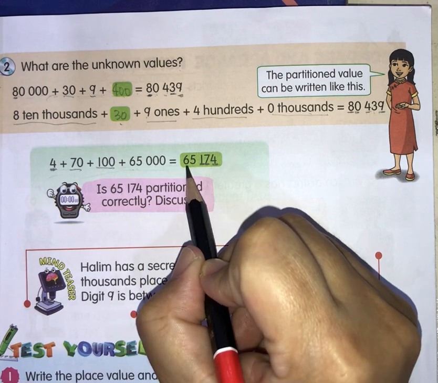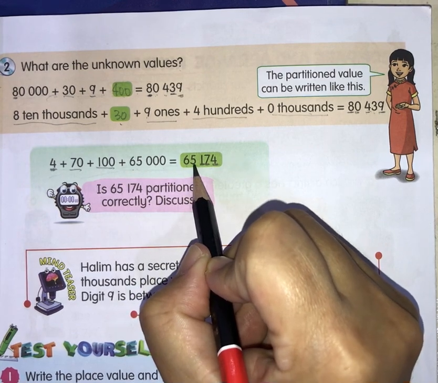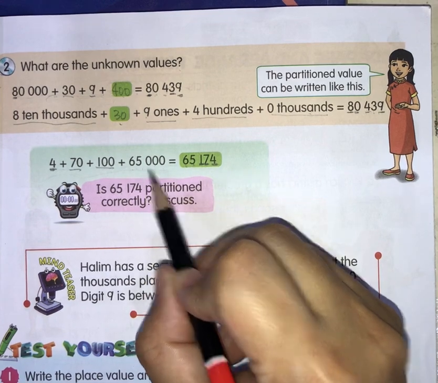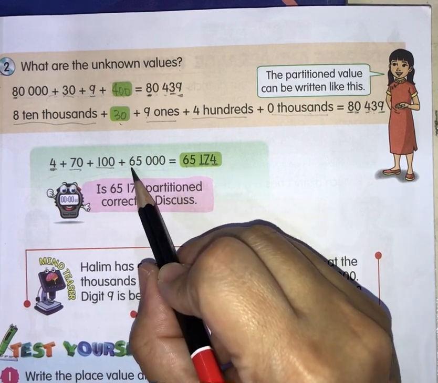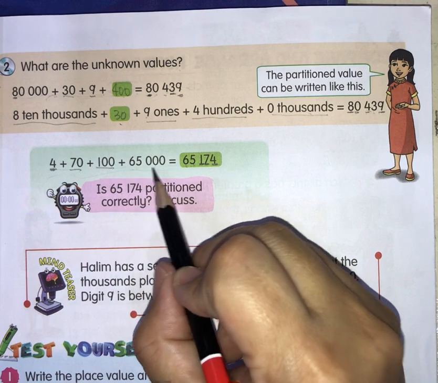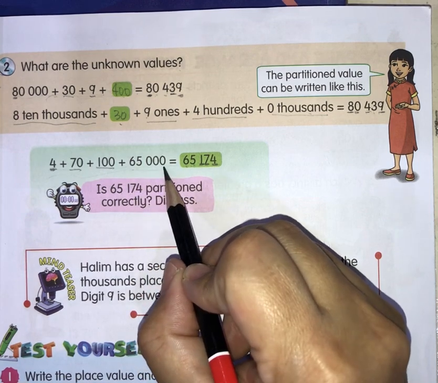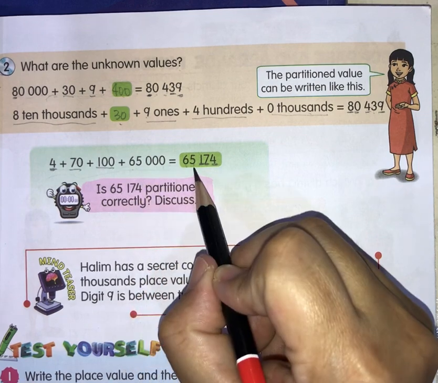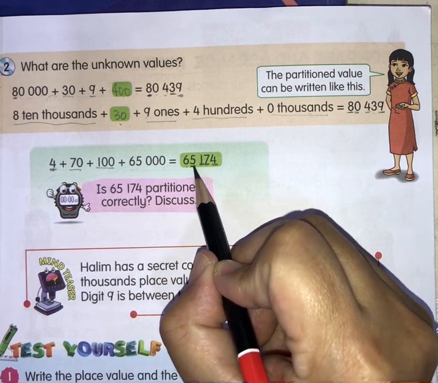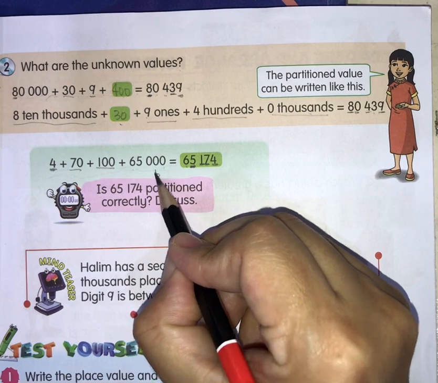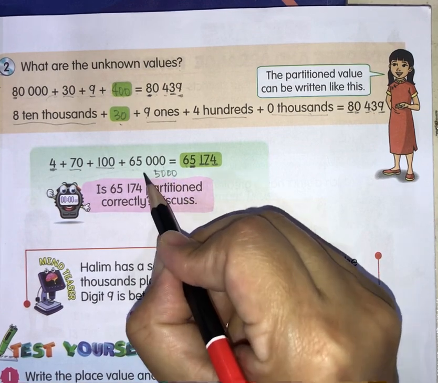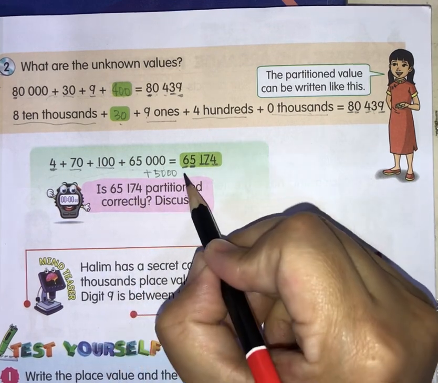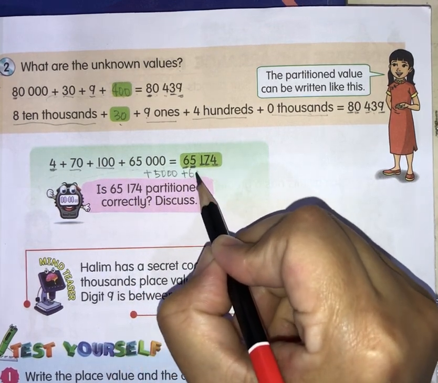And 65. Here's 65. Can we write these two together? Is this completely done? 65,000? No, right? So what should we write here? We should have here 5,000, right? Plus 5,000 and plus 60,000.